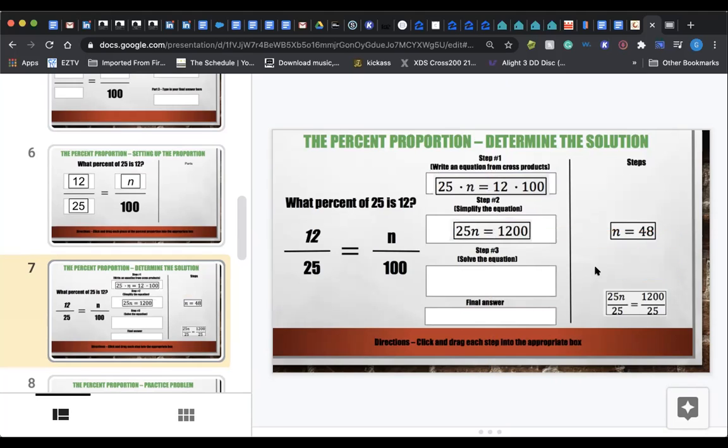All right. And then this has to be step 3, right? Solving the equation, dividing both sides by 25. And then my answer is 48. All right, so apparently 12 is 48% of 25. Who knew? All right, that's how you set that up.